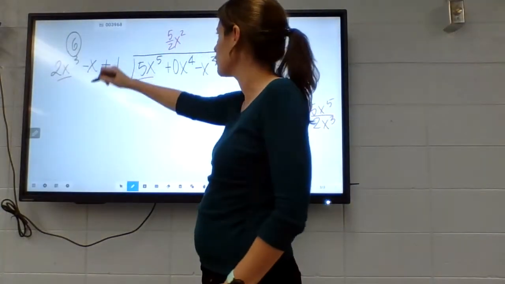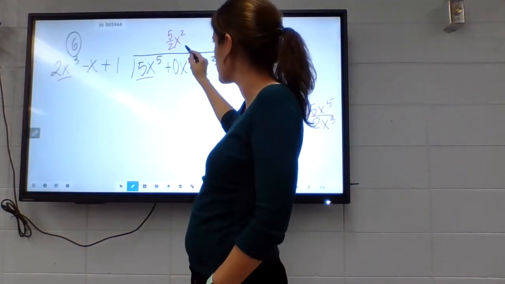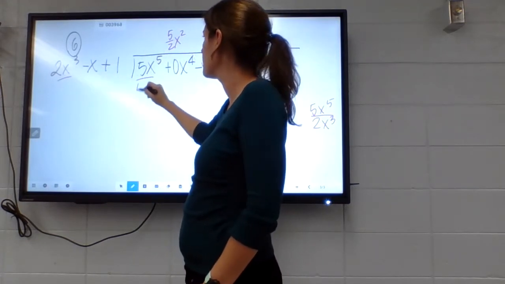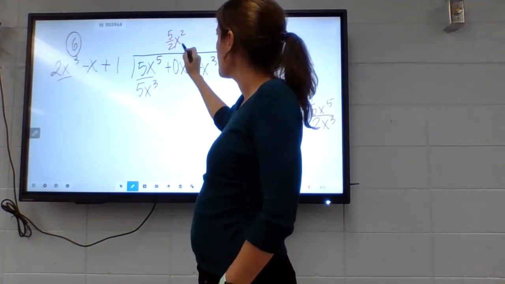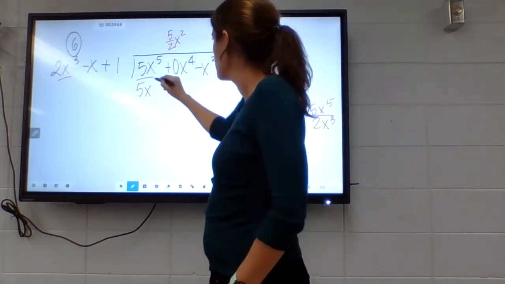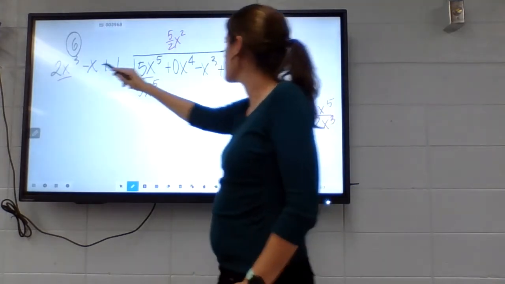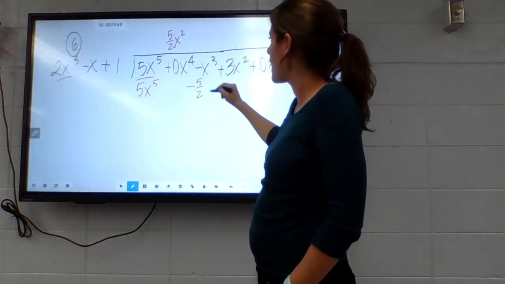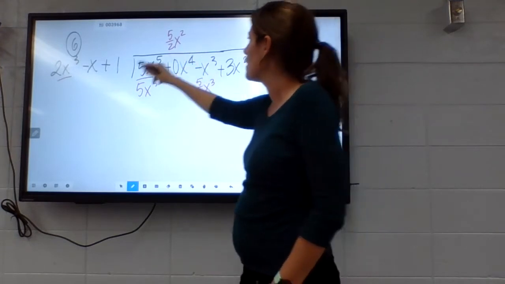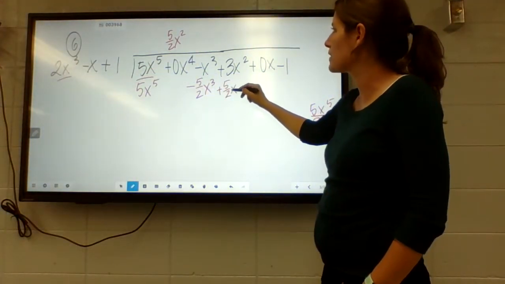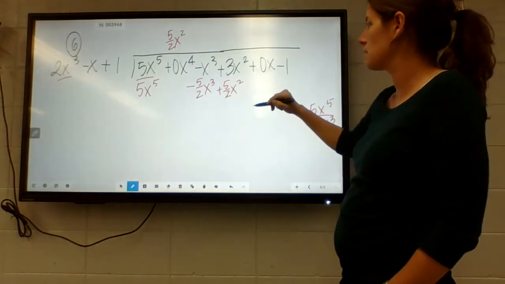I should have looked a little more closely when I was checking this, but we distribute this. The 2's are going to cancel. This times, oh sorry, that should be the 5th power. This times this is going to be the 3rd power. That's going to be a negative 5 halves x to the 3rd, and then a positive 5 halves x to the 2nd.